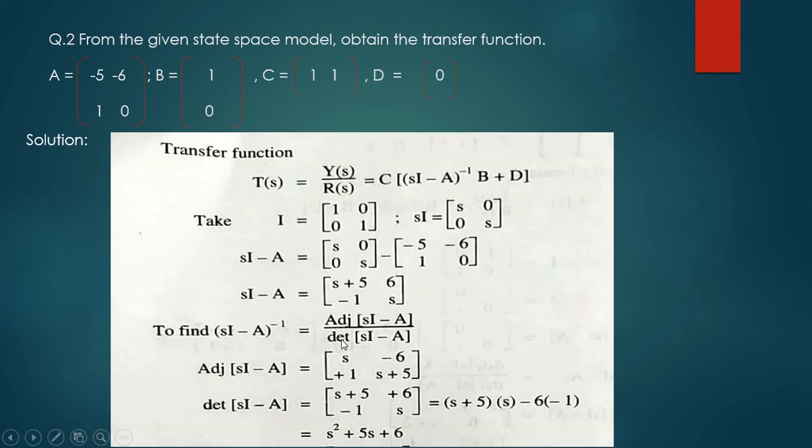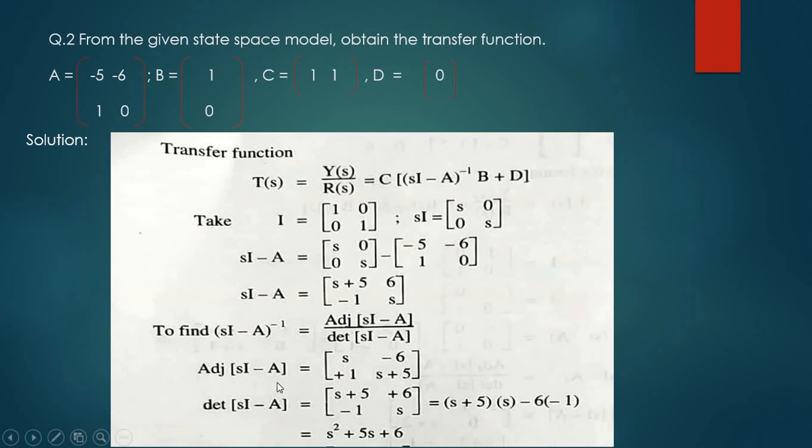But how do we calculate the adjoint of sI − A? For the adjoint, this term will go here and this term will go here, and instead of 6 it will be minus 6, and instead of minus 1 it will be plus 1. This is how we calculate the adjoint. And the determinant, as I told you, is this into this minus this into this. So we got this after calculating the determinant.